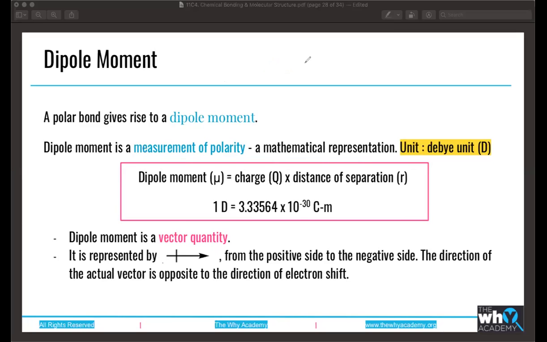Let's look at BCl3, boron trichloride. This is the shape of the molecule. This whole shape is pretty symmetrical. If you join the three chlorine atoms, you'll get an equilateral triangle. Now, between boron and chlorine there is a difference in electronegativity. Electrons are going to be shifting towards chlorine.